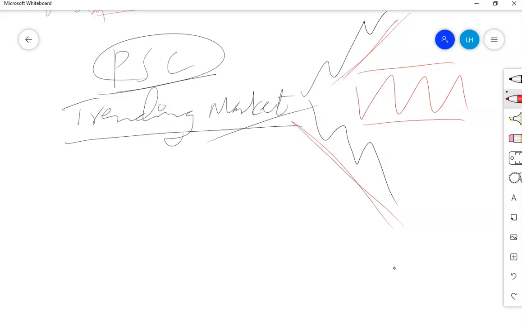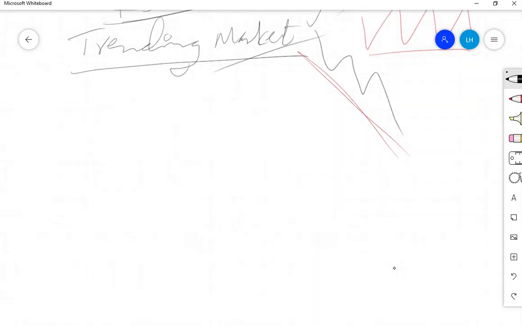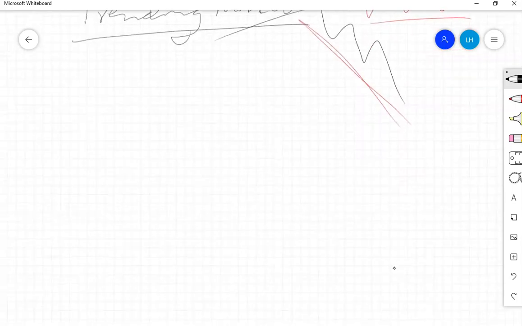Now, how may this work? In a trending market, I'll take a scenario of an uptrend, and the rules that I'll put in will apply even in the scenario of a downtrend.